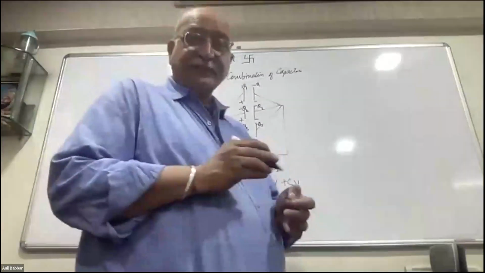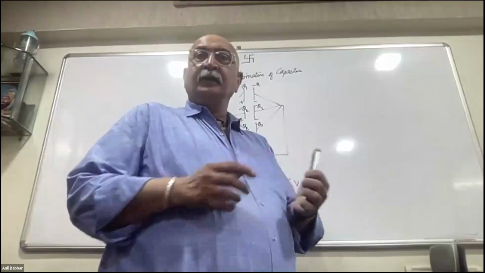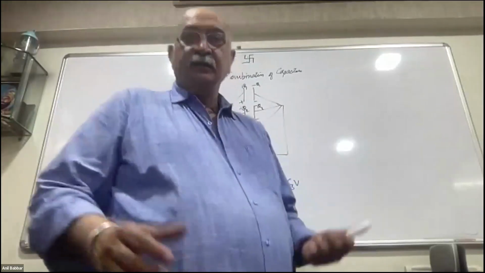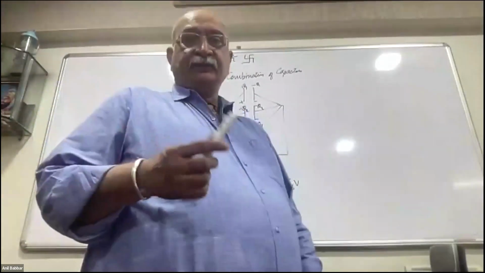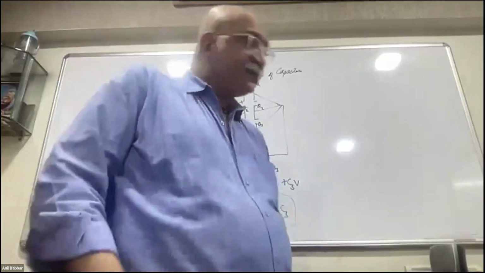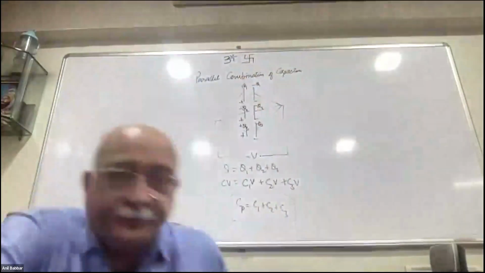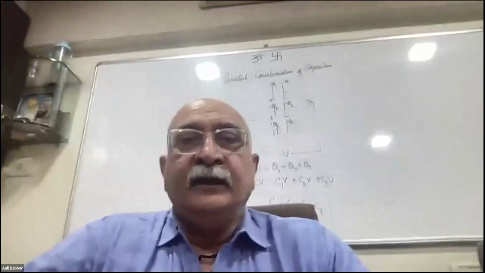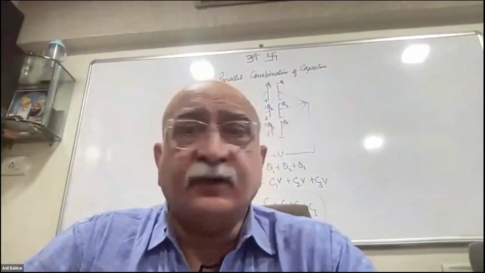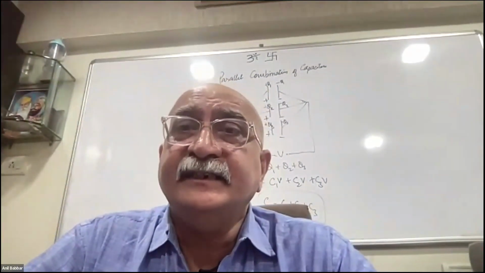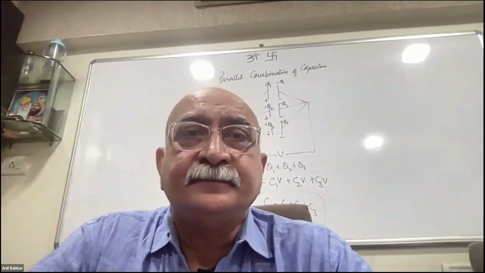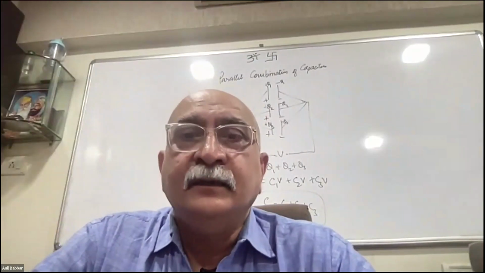The equivalent capacitance is always equal to the sum of the individual capacitances in case of parallel combination, right? And the value of the equivalent capacitance is always greater than the largest individual capacitance, right?